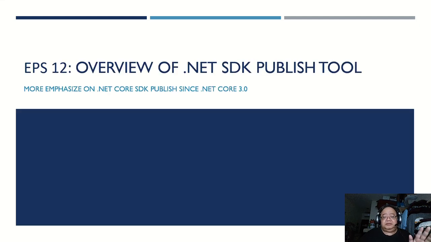This episode is focusing on the publish tool, .NET Publish, with more emphasis on the .NET Core SDK since .NET Core 3.0 or maybe 3.1. I'll try to give you the exact pointer to the differences later.